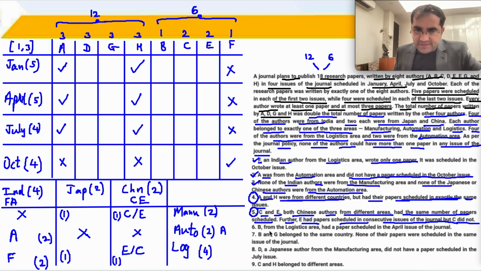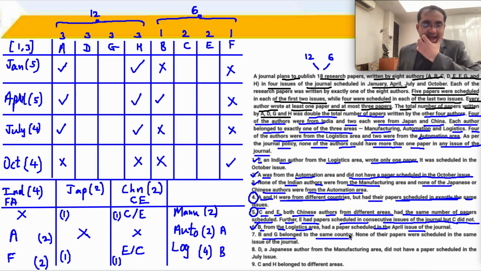Okay, moving on. B is from logistics and had a paper in April. When B is from logistics, where will B go? Currently we don't know. B and G are from the same country, so they could be Japan or India.